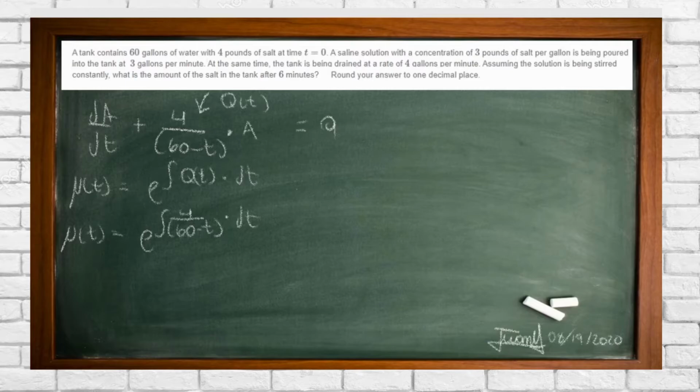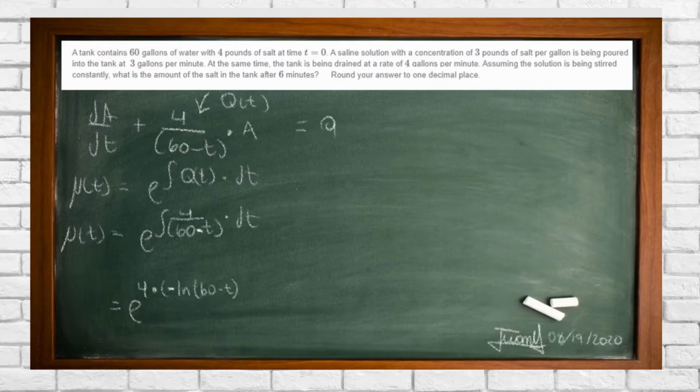If we have a function in the denominator, the integral of that is going to be a natural log. But since we have a negative inside, it's going to be the negative natural log of 60 minus t. So it's going to be our constant 4 times negative log of 60 minus t.